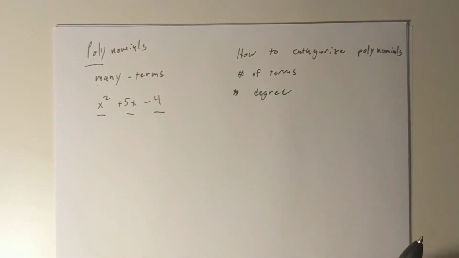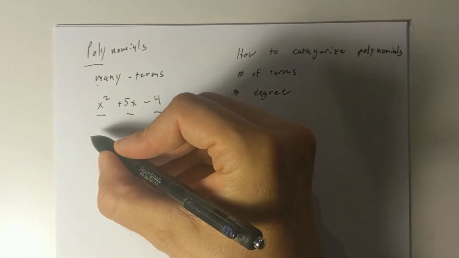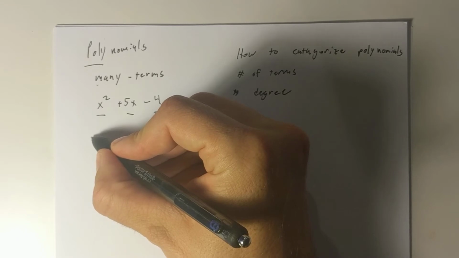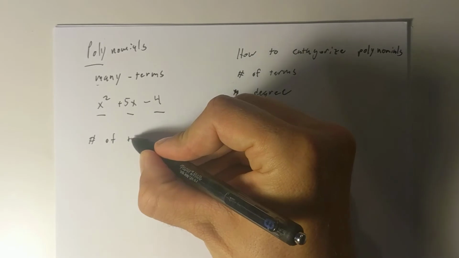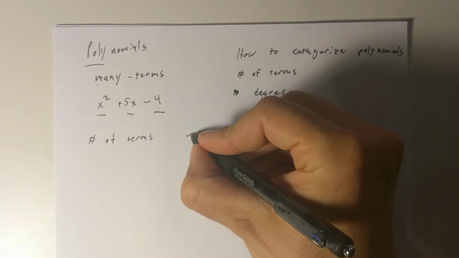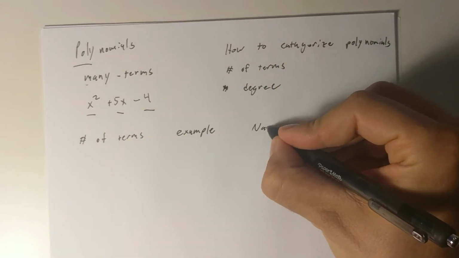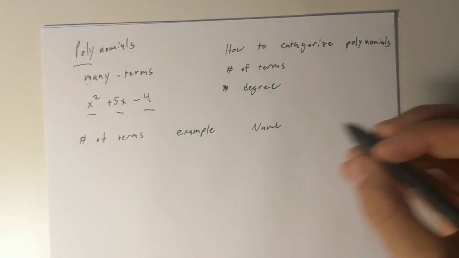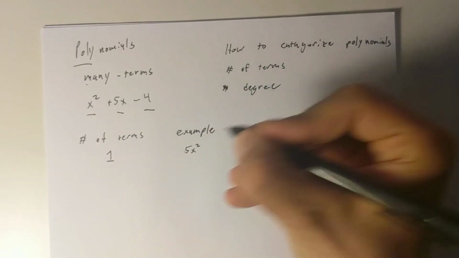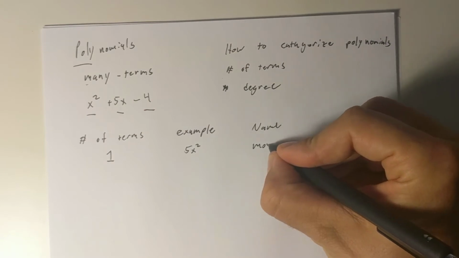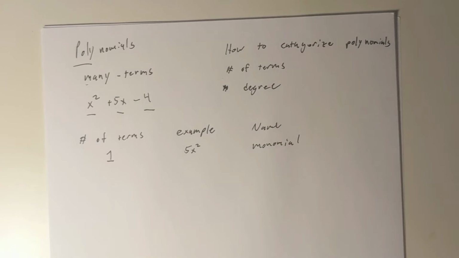So first, let's just talk about the number of terms. I'm going to give you an example, and then I'm going to give you the actual name. If we only have one term, an example being 5x squared, the name would be monomial, which we already know.